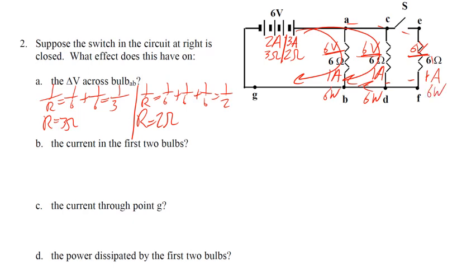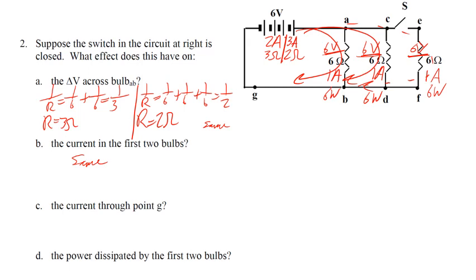So it turns out the current in the first 2 bulbs is going to stay the same. That's because we increased the current by decreasing the resistance, which means it all balances out. By the way, the voltage across light bulb AB stayed the same as well.